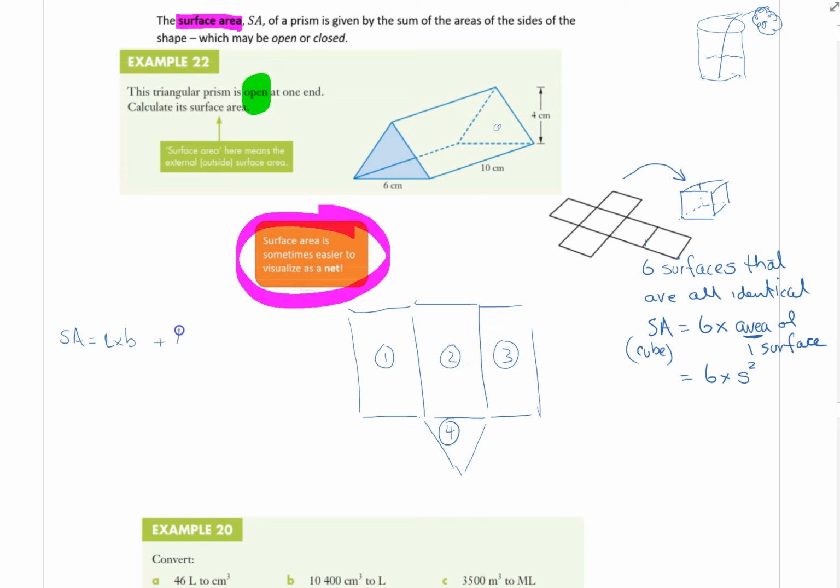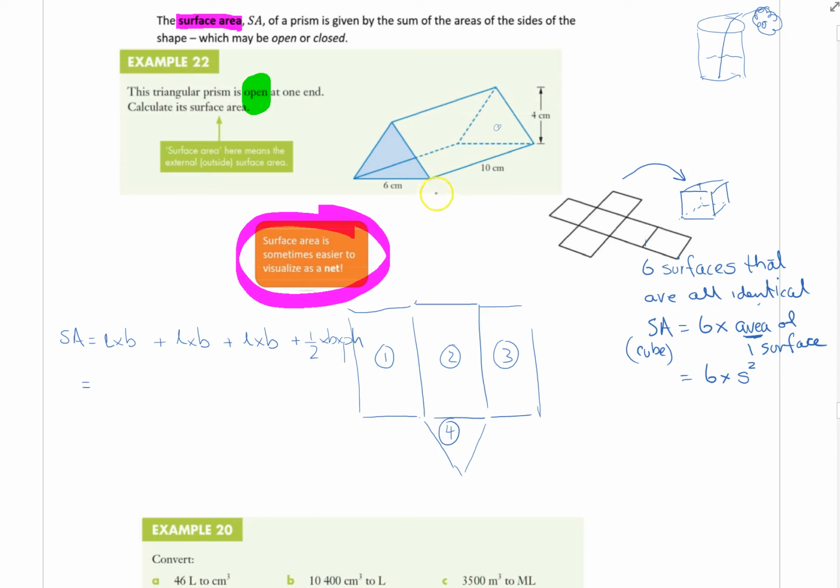This one is another rectangle, length times breadth. And the third one is length times breadth. Unlike over here, where I knew they were all identical, here I don't know that these rectangles are identical. And I've got a triangle to get the area of. And we know it's half base times perpendicular height.